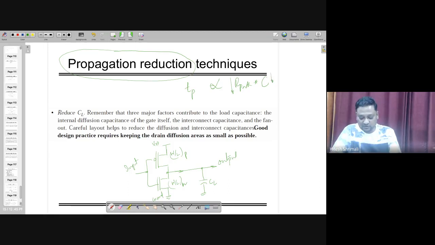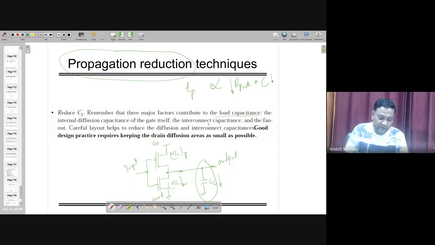The first thing is you can reduce the load capacitance if there is any. If it is not there, then you have to tune the W/L of this one. But the first choice is the load capacitance, let's reduce it. If you reduce it, then you will get better propagation delay. So this is what is written over here.